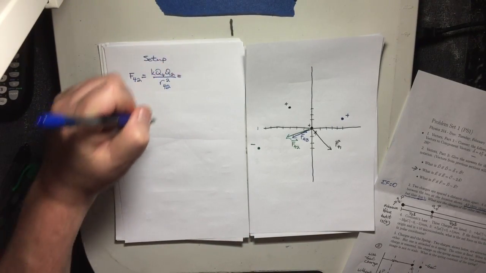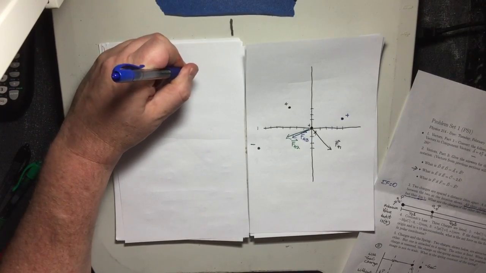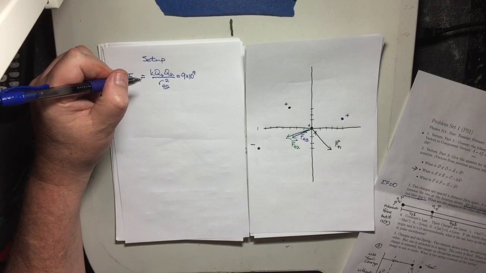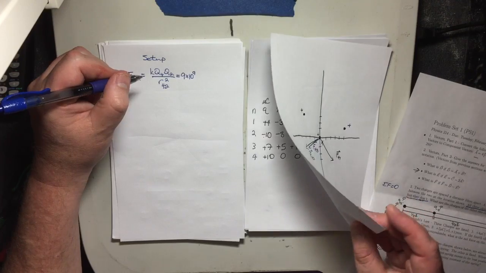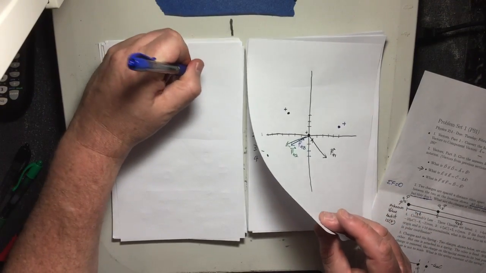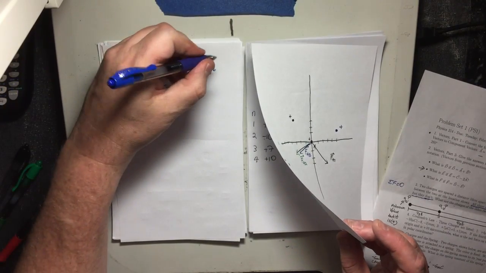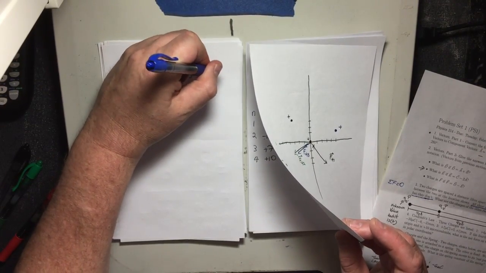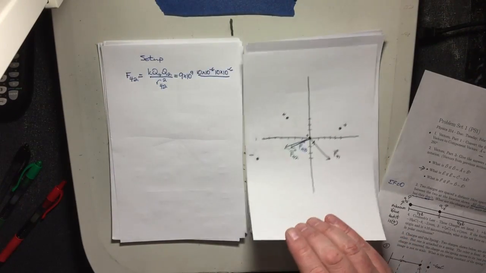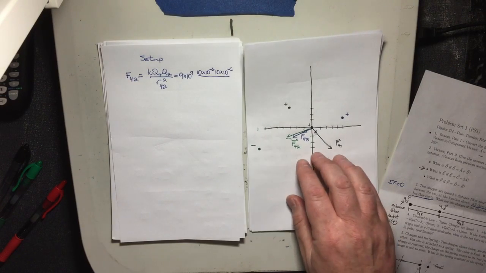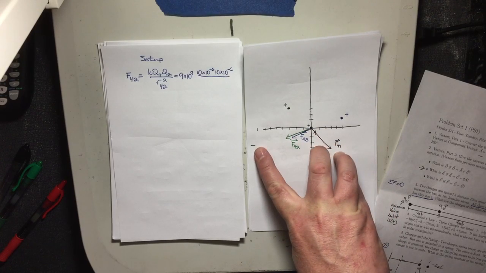Now Q4 is just the magnitude, so I won't be doing any calculations other than putting in the numbers. Q4 is 10 times 10 to the negative 6. Q2 is 10 times 10 to the negative 6. And then R squared, one of the ways that I made things easy is it started at the origin.